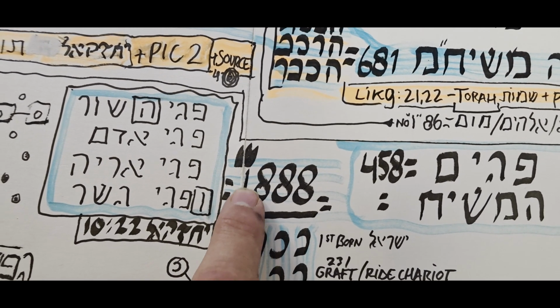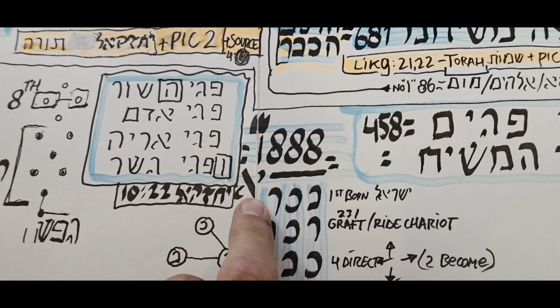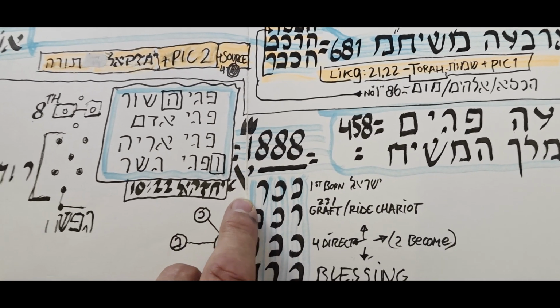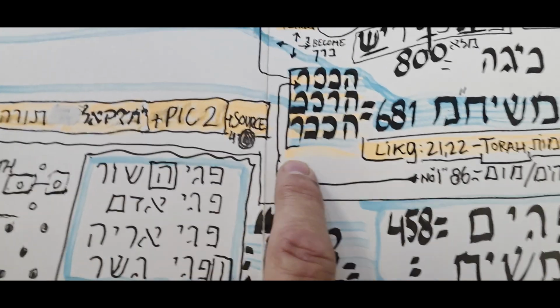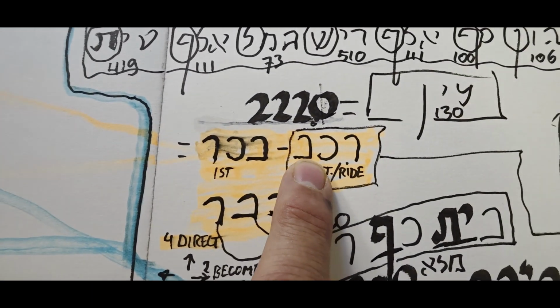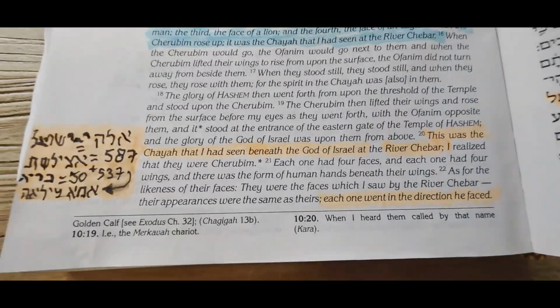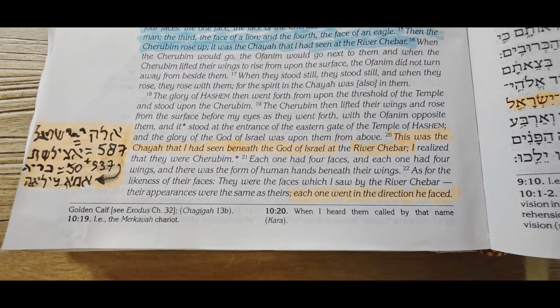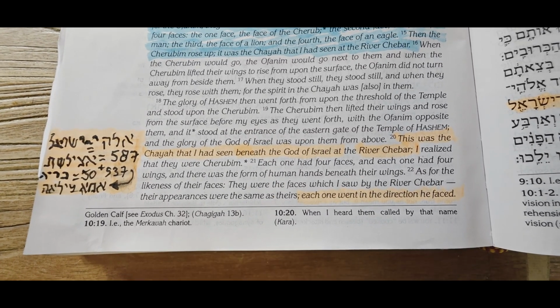You can also see the source, the crown from which everything emanates, as a capital Aleph, which is 1000, and then say the 888 is 4 times 222, because we just read this last little part: this was the Chaya that I had seen beneath the God of Israel at the river Kabar.